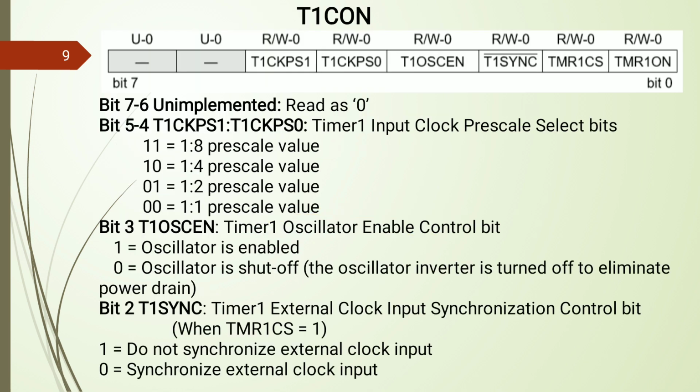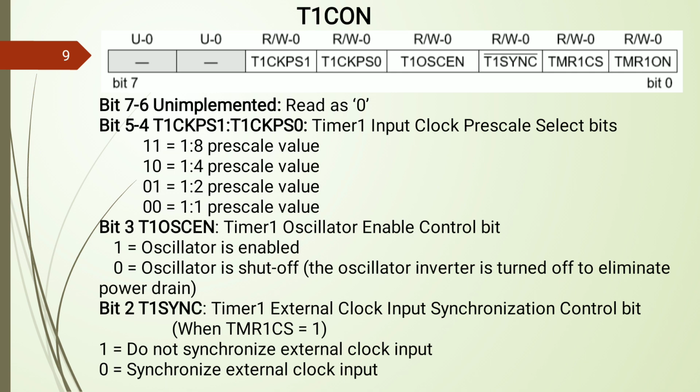After that we see the first register T1CON, which we have not studied earlier. It is an 8-bit register. Out of that, 2 bits from the MSB side are not implemented, considered as 0. After that we take the next 2 bits, that is T1CKPS0 and T1CKPS1. These 2 bits are used for selection of the prescaler value.